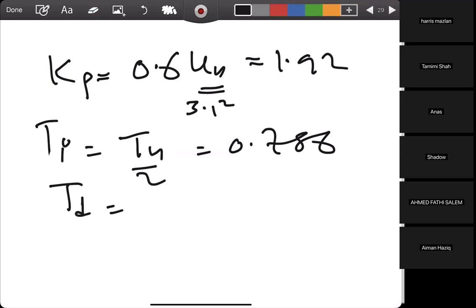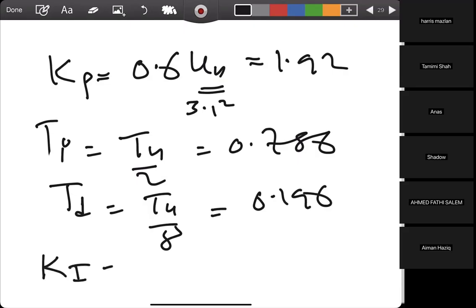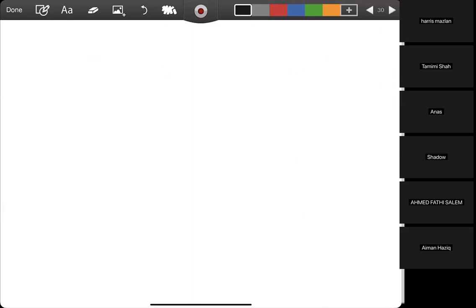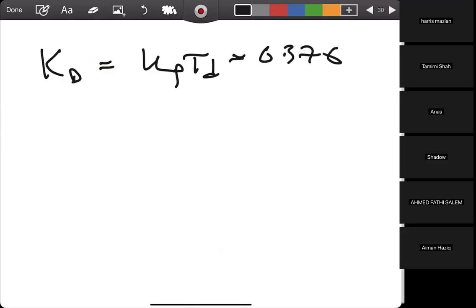Td is equal to Tu divided by 8, 0.196. Ki, Kp divided by Ti, 2.44. Kd, Kp times Td, 0.376.